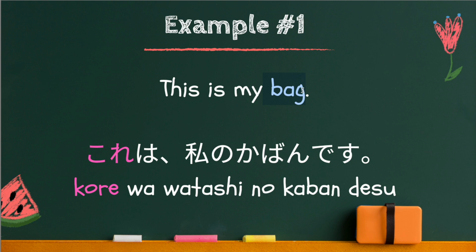I'm holding my bag and say, this is my bag. This is when I use これ. And no particle, you learned this in the last lesson, lesson 31. So if you need to review how to use this no particle, please go back to lesson 31 and study this no particle.